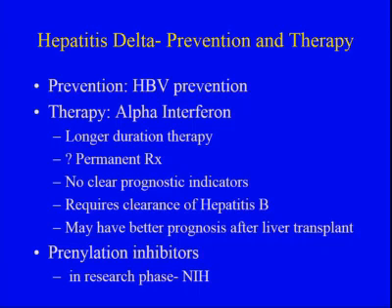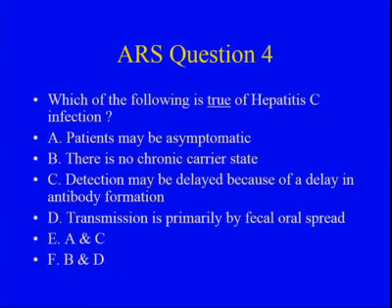Prevention: if you're vaccinated against hepatitis B, you will not get hepatitis delta. The therapy is similar with a longer duration, no clear prognostic indicators. It may have a slightly better prognosis after liver transplant, and the NIH right now is working on medicine called prenylation inhibitors, which is in research phase specifically for hepatitis delta.